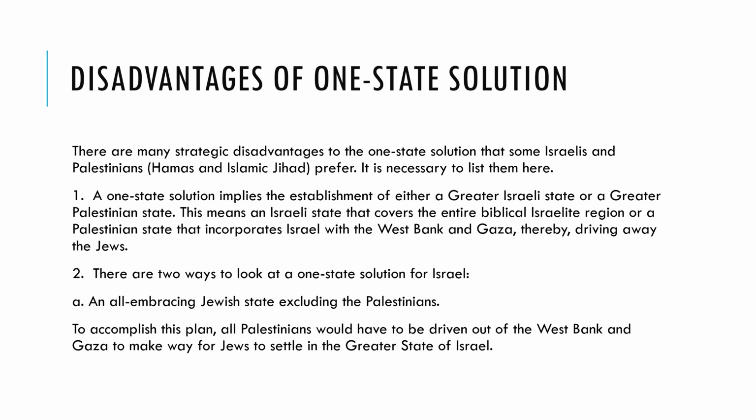That is, if the Israelis want to create an Israeli state that excludes Palestinians, and that will make it an all Jewish state. To accomplish this plan, all Palestinians would have to be driven out of the West Bank and Gaza to make way for Jews to settle in a greater state of Israel.